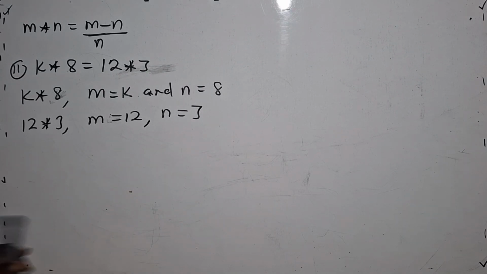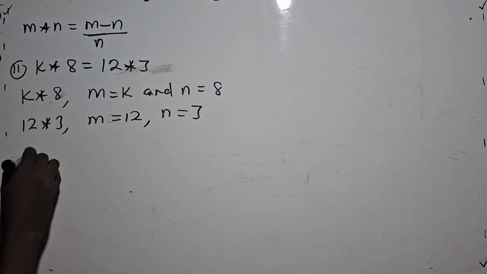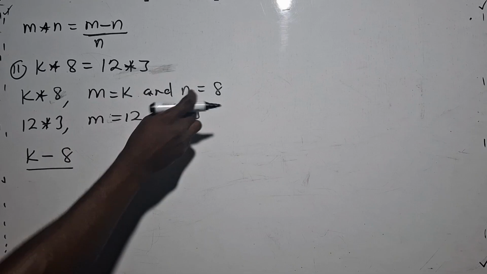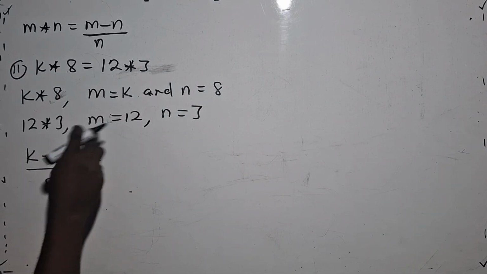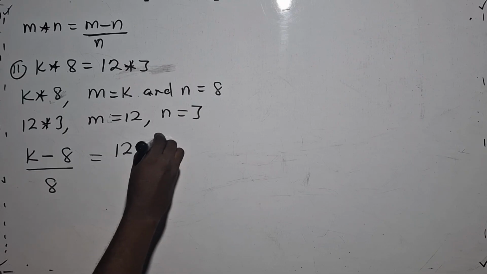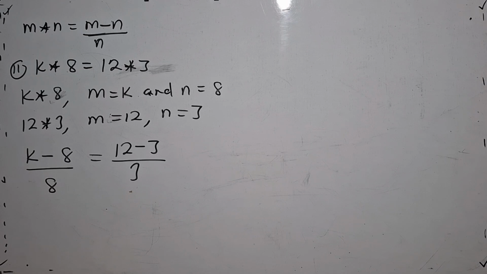So we substitute it back into the operation and solve them at the same time. So with the top one, using the operation, I have K minus 8, since it's M minus N, then all over N, which is 8, is equal to this one, 12 minus 3 all on 3 once again.